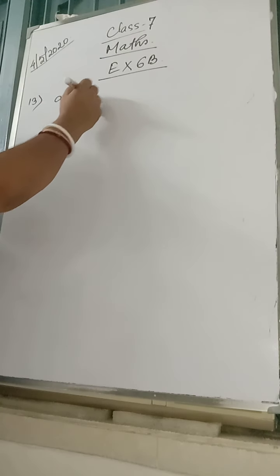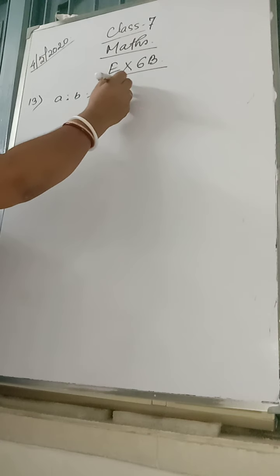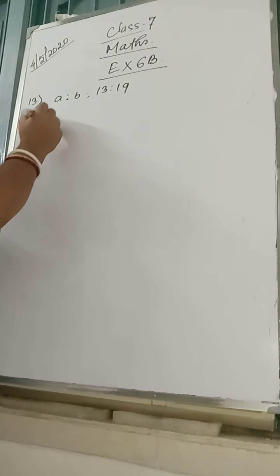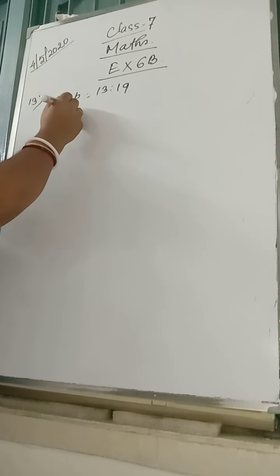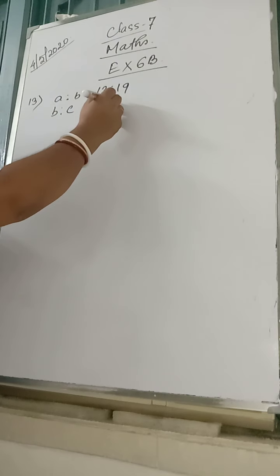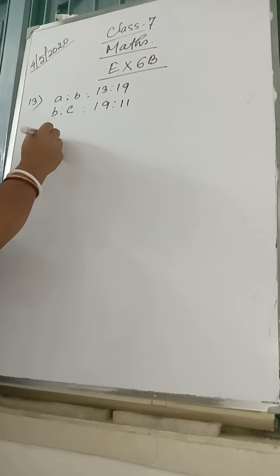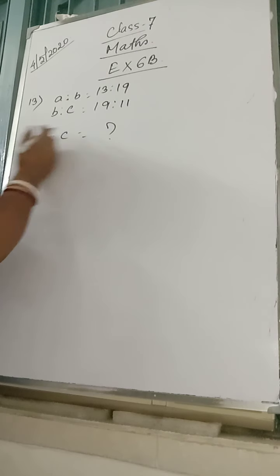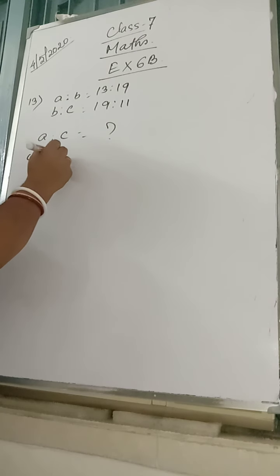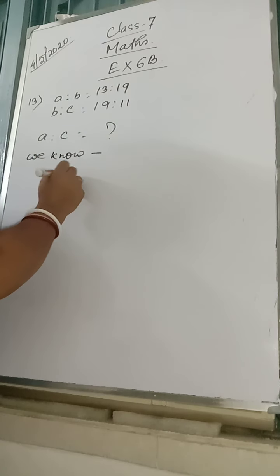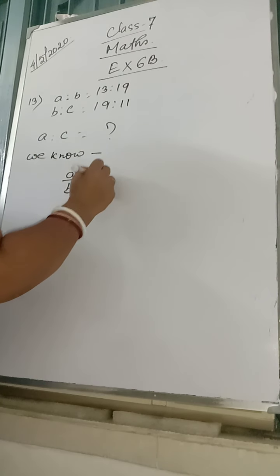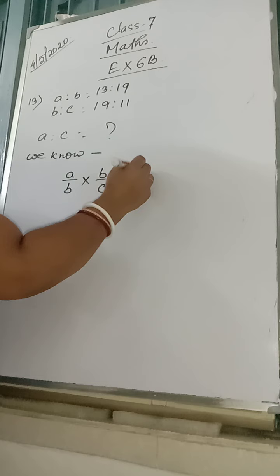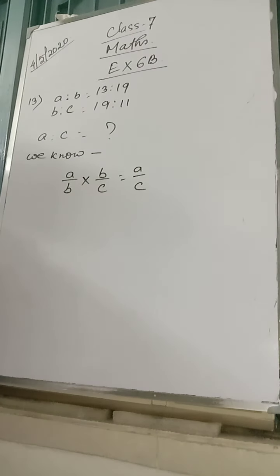Given A is to B, 13 is to 19, and B is to C, 19 is to 11. So A is to C is equal to what? We know, you write, we know A by B into B by C is equal to A by C. Is it?